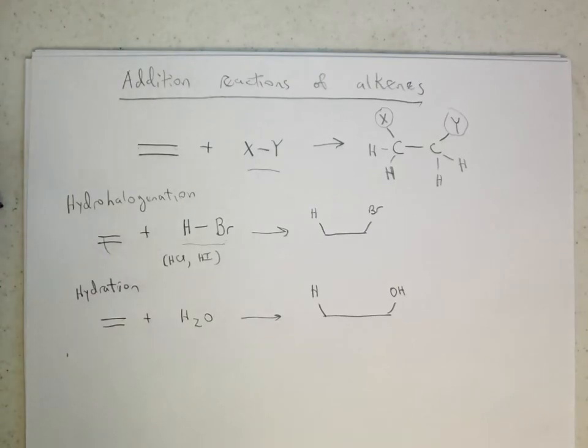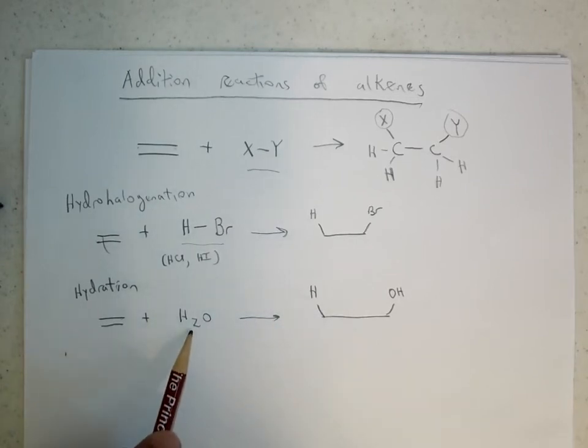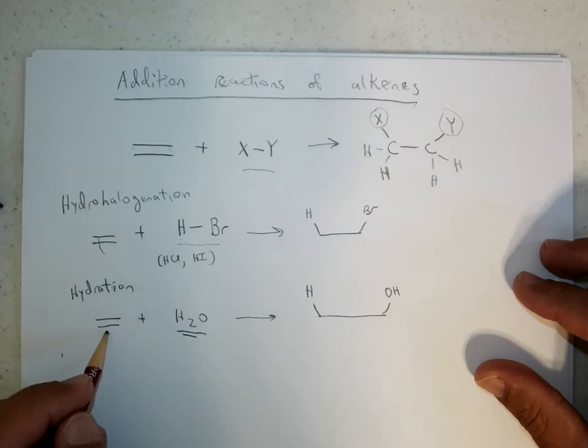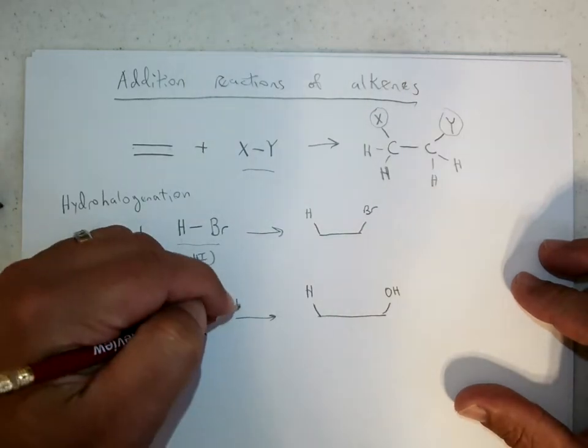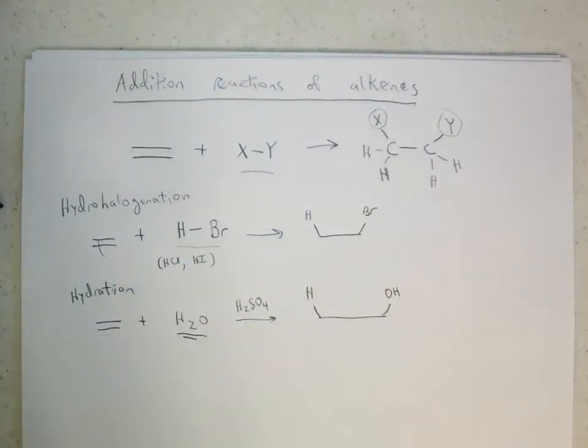So we talked about the different types of functional groups. If you wanted to make an alcohol, you could do a hydration reaction of an alkene and you'd get an alcohol. Now the water isn't powerful enough to react with the alkene on its own, so you generally need a catalyst. In this case, sulfuric acid would work well.